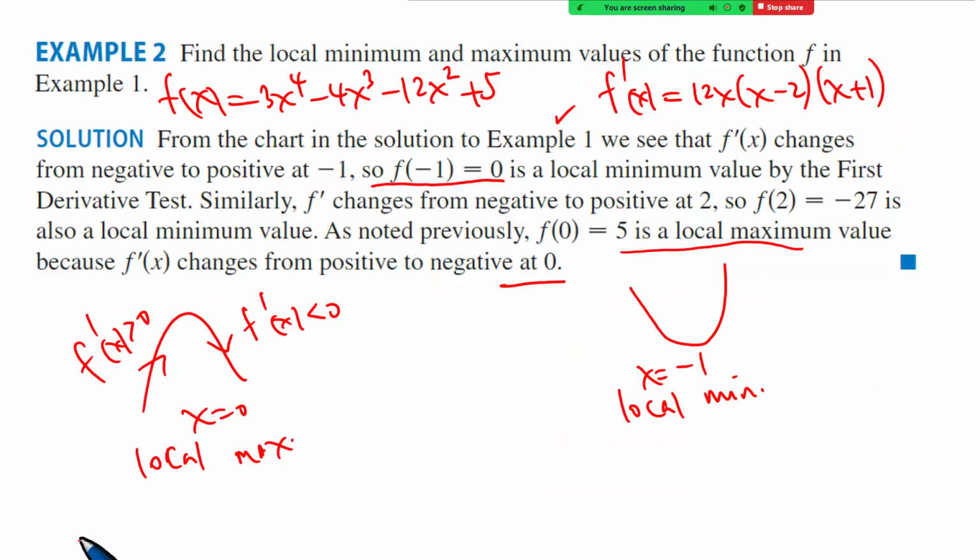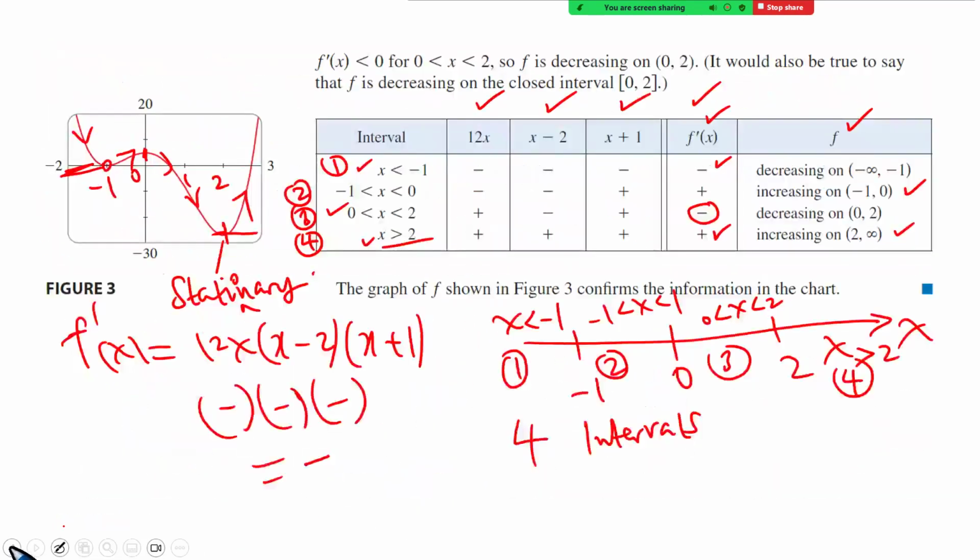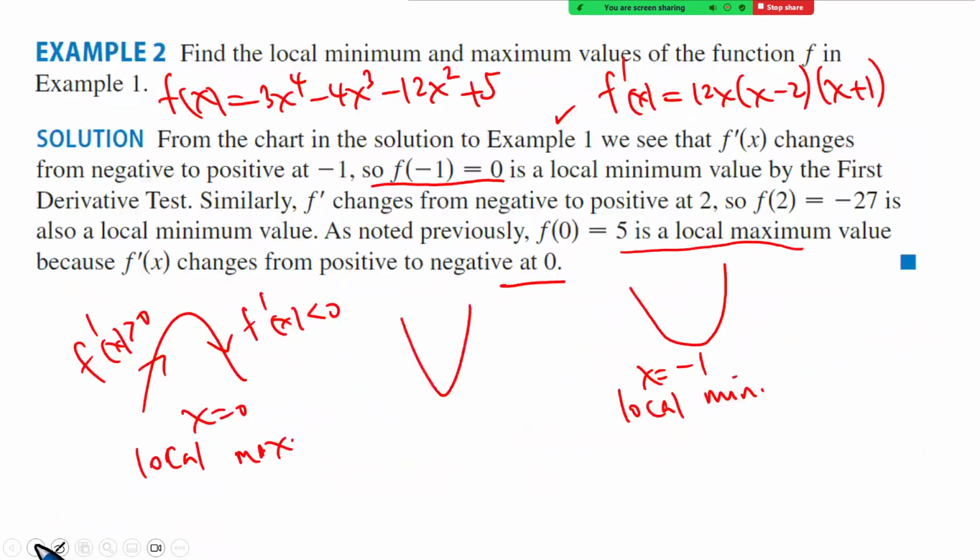So it is obvious that at 2 it goes from negative to positive, the graph is sort of like this, and therefore the function has what? A local minimum there. So at x equals 2, we have a local minimum.